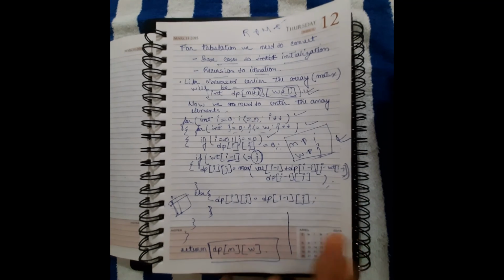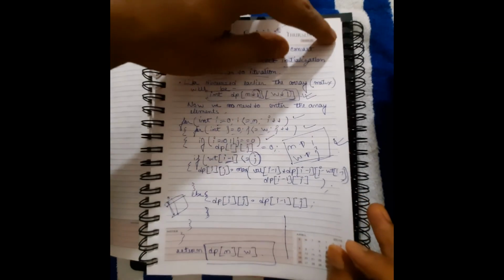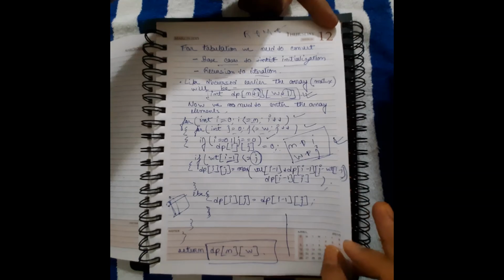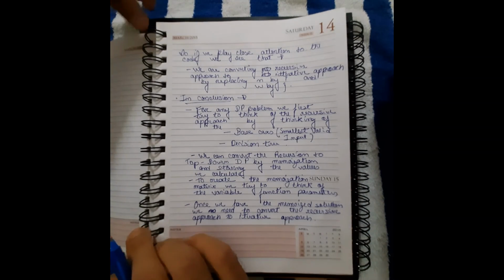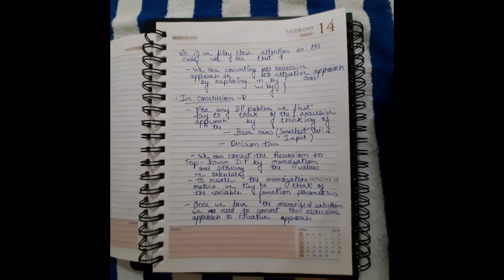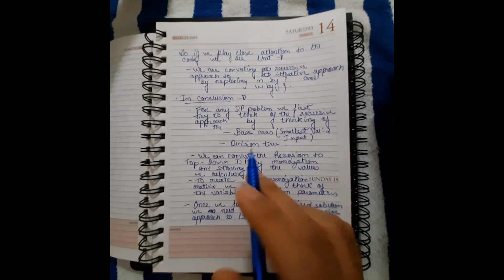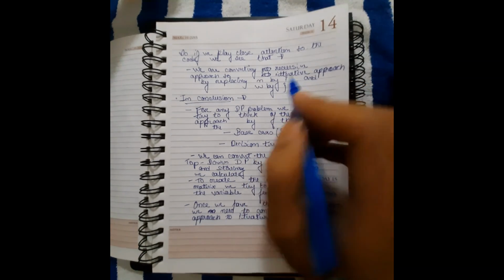The core of any dynamic programming problem is the recursive approach. It is nothing but enhanced recursion. If we pay close attention to the code, we can see that we are converting recursion to an iterative approach by replacing n by i and w by j.